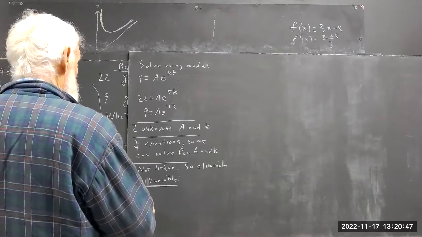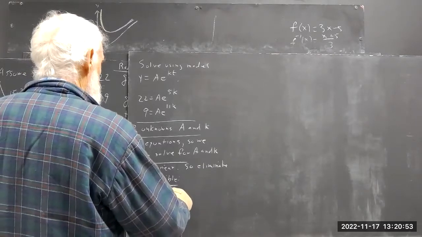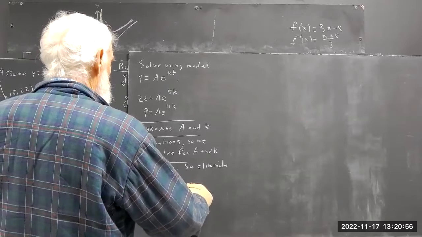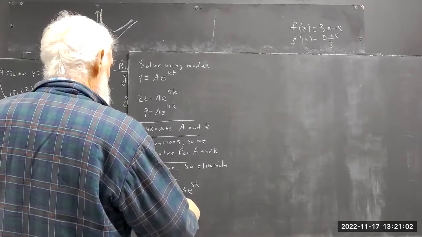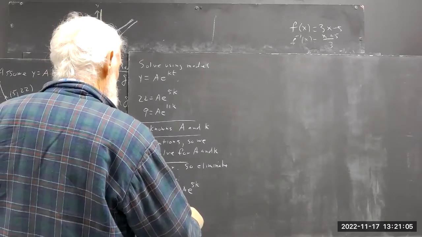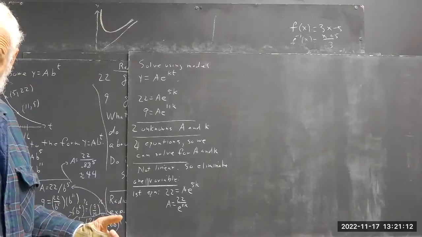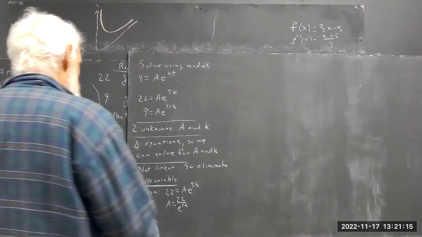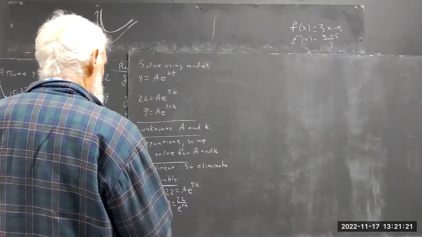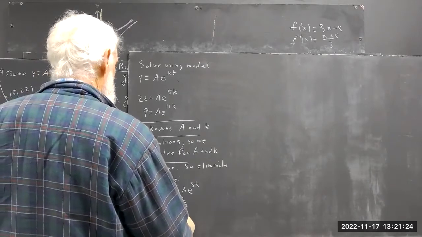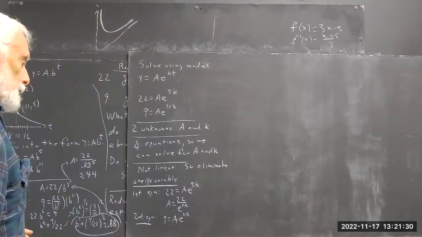Okay, from the first equation, we solve for A. Second equation is 9 equals A e to the 11k.